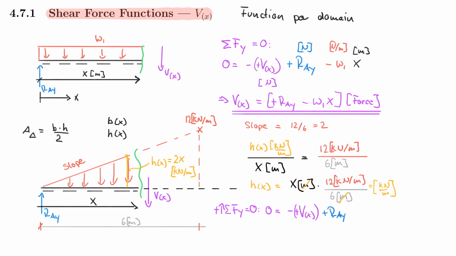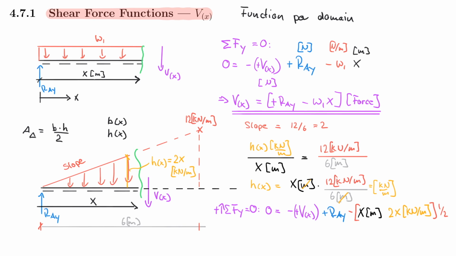So base times height divided by 2 is really x in meters multiplied by the height, where the height was equal to 2x, and that unit was kilonewton per meter. But now keep in mind that it's a triangle, so I have to multiply the entire thing by 1/2, and because it's pointing downwards, I have to subtract it.